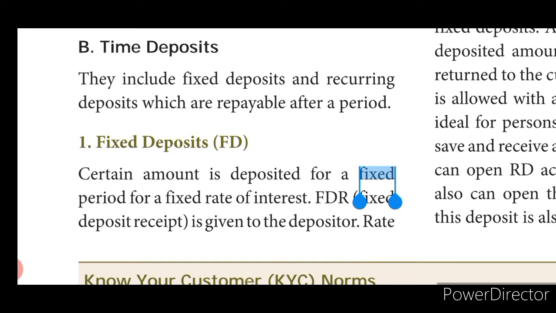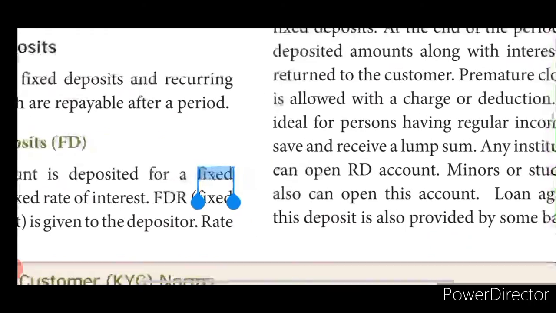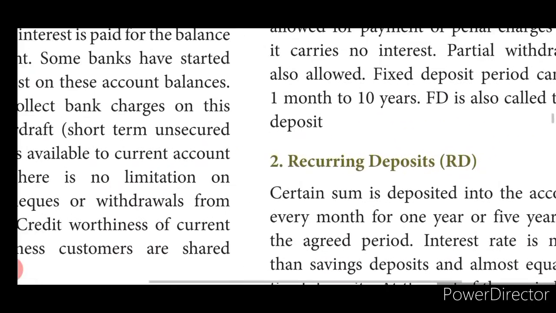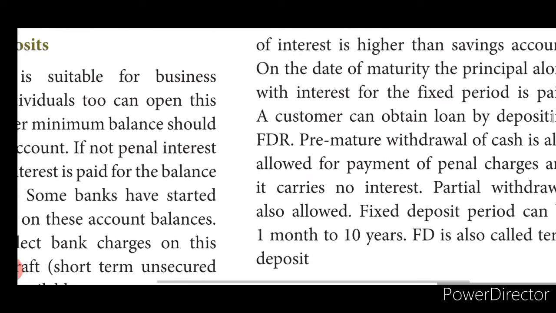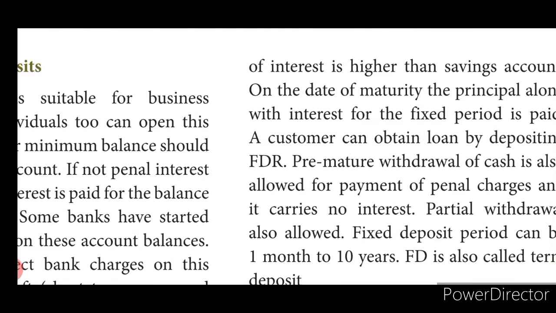See, when you do a fixed deposit, you fix one period for it, and you deposit some money, say 1 lakh or 2 lakh or 5 lakh, for 1 month or 10 months or maybe 5 years or 10 years. When you deposit like this, after 5 years, the same amount, say the 5 lakh you deposit today, you get back, plus the interest amount for those 5 years, together.